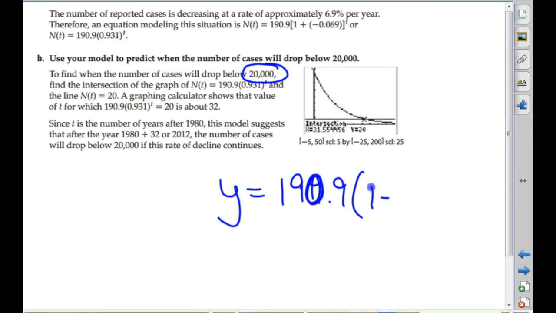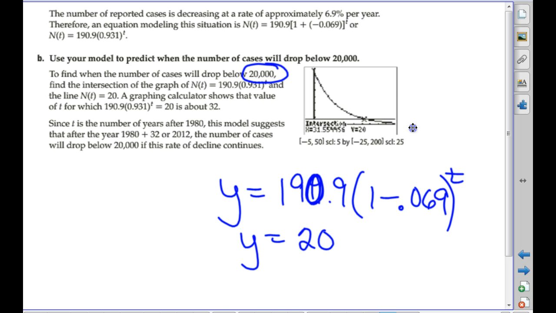It is going down 1 minus 0.069 every year, and we want to figure out how long until it drops below 20,000. And these were thousands of cases, so we want to know when it hits 20. So we would graph this, and it is going down. We would see the intersection point where it hits 20. They found 31.6 years after what, though?